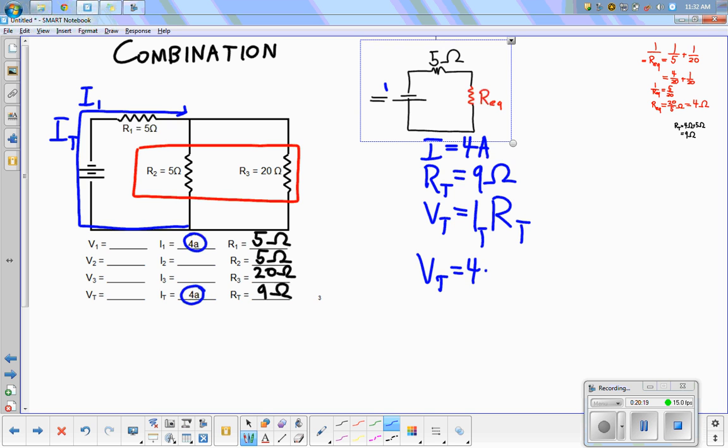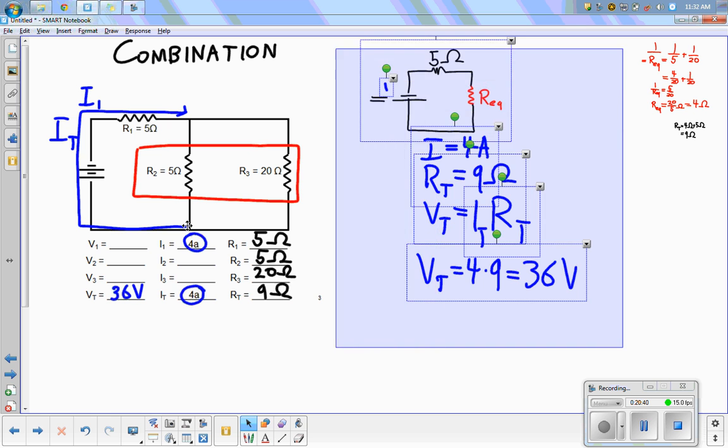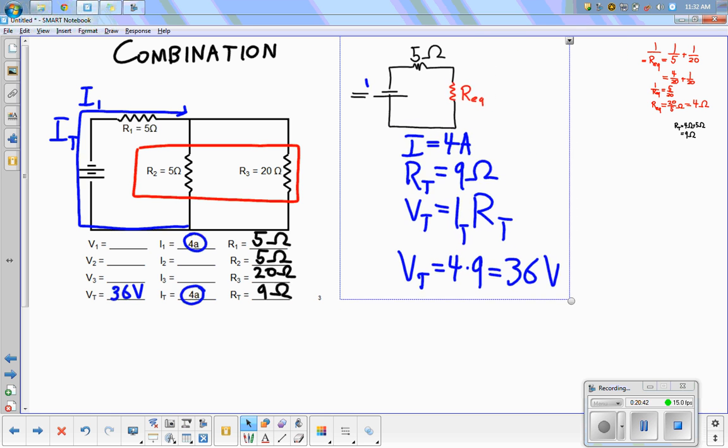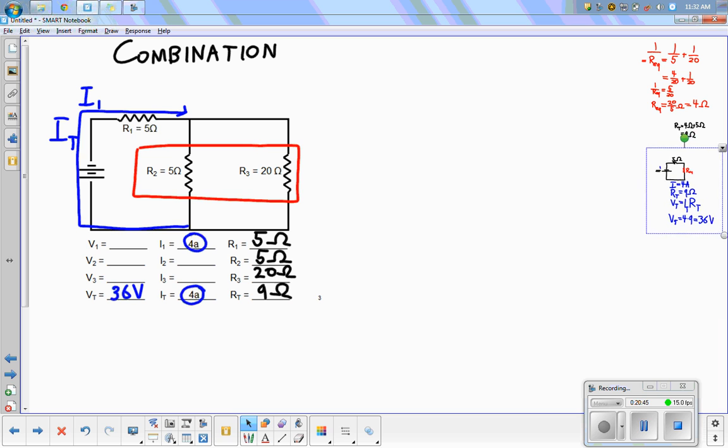That's a weird looking battery. I've never seen a 36 volt battery over here. But that's the info we have for our total voltage, 36 volts. Okay, getting closer. Now we have enough info to look at individual parts of this as they come along. Let's figure out the voltage for R1, our voltage number 1. Voltage 1 is going to be current through 1 times the resistance of number 1.